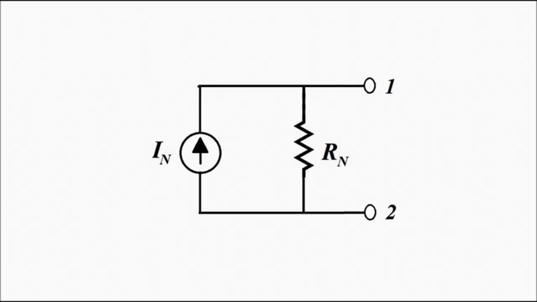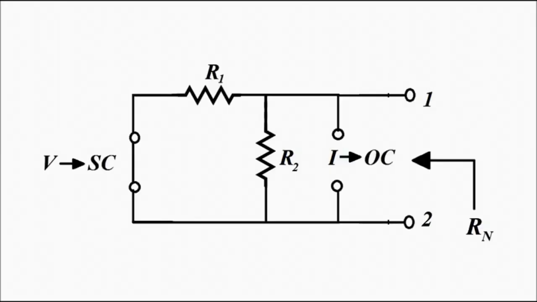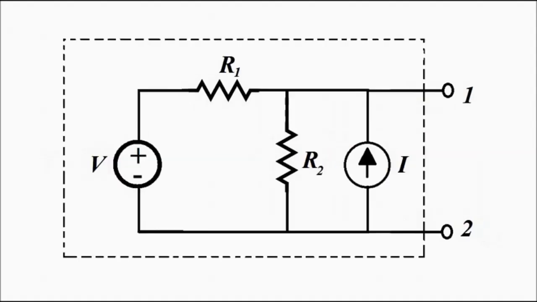Then the Norton equivalent resistance. The determination of the Norton equivalent resistance is the same as we did for the Thevenin equivalent resistance. Norton equivalent resistance and Thevenin equivalent resistance are the same: RN is equal to RTH. So here also, to determine the Norton equivalent resistance, we first deactivate the independent sources.